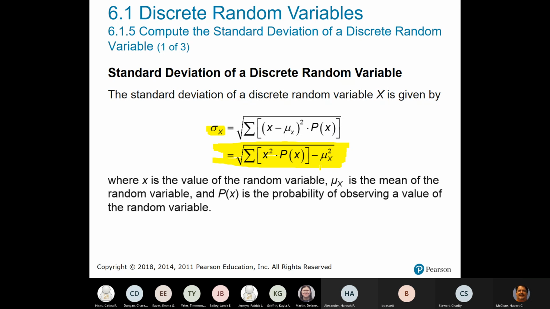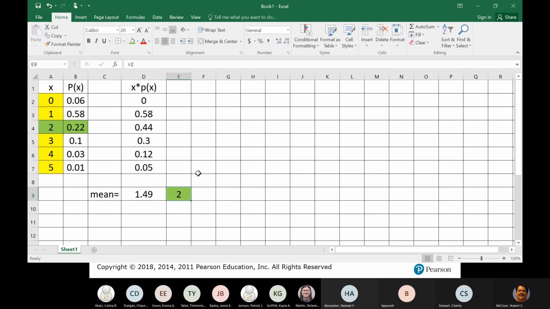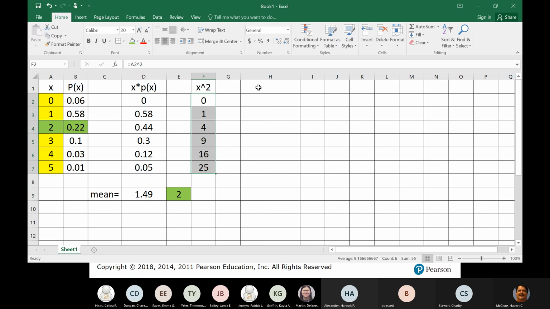All right, we do not have X squared. So I'm going to go back to my handy dandy spreadsheet, and I'm going to do an X squared. So that's going to equal this raised to the second power. I'll copy that down. And now I'm going to do another formula right here.